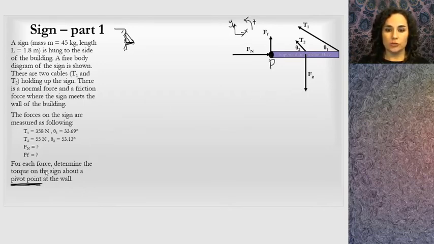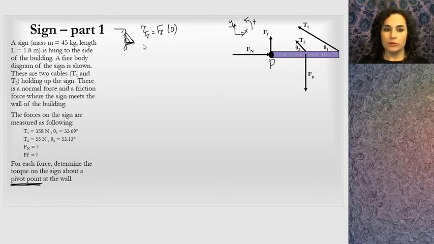It says for each force, determine the torque on the sign about this pivot point. So if I look at this pivot point, there's 5 forces there, but really only 3 of them cause a torque around that pivot point. The friction is being applied at the pivot point. So if I think about the torque by the friction force, I get the force of friction times its distance, which is 0.